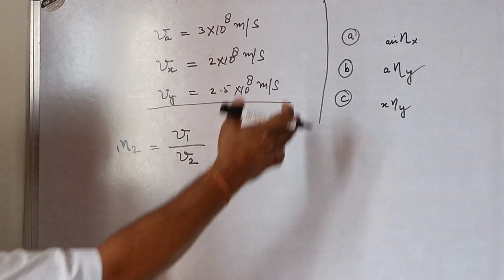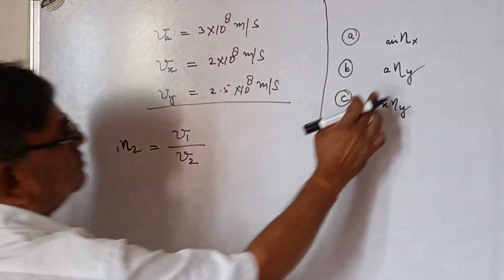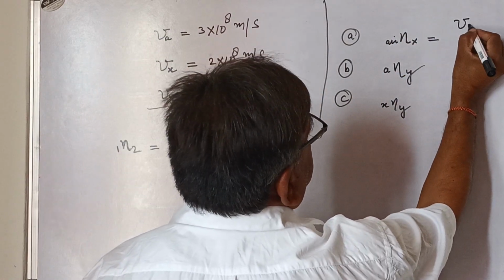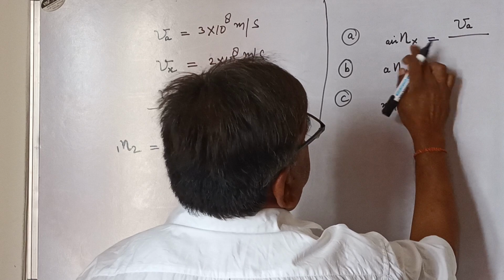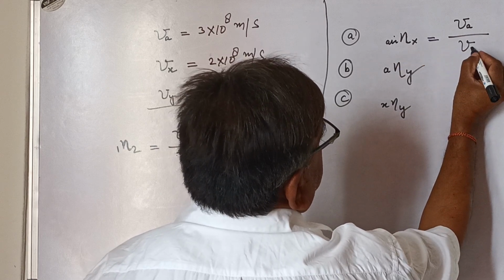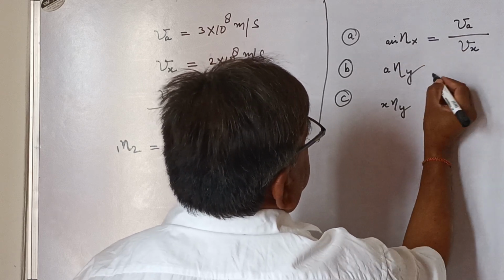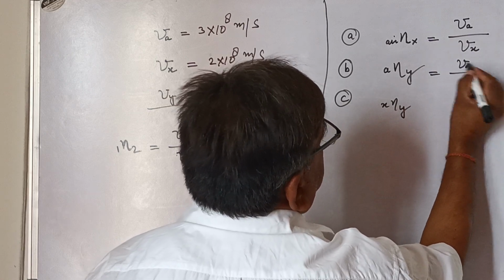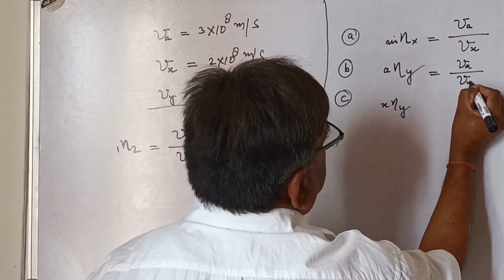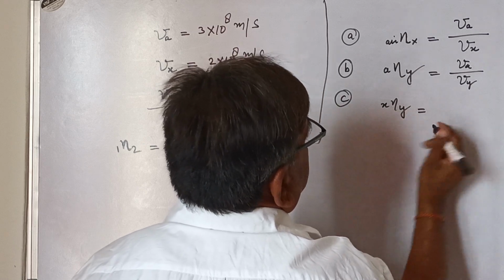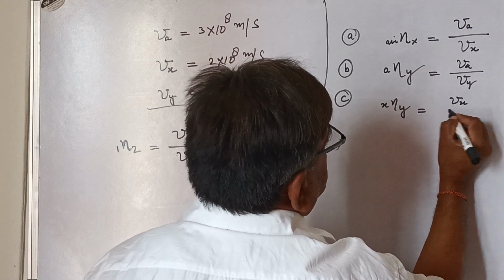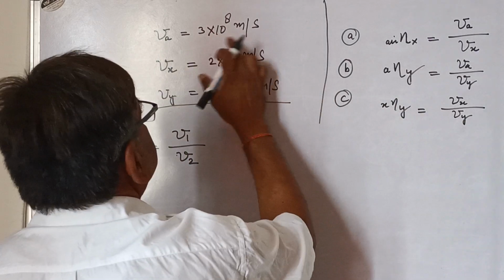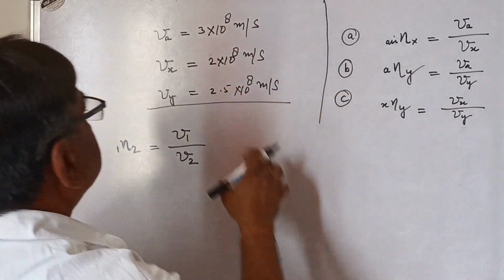You put these values: here the velocity of light in air divided by velocity of light in X, here velocity of light in air and the velocity of light in Y, and here velocity of light in X and velocity of light in Y. All things are given. This is simple mathematics.